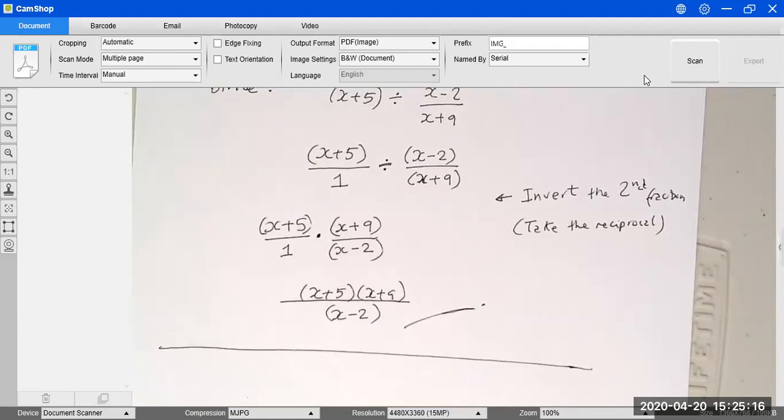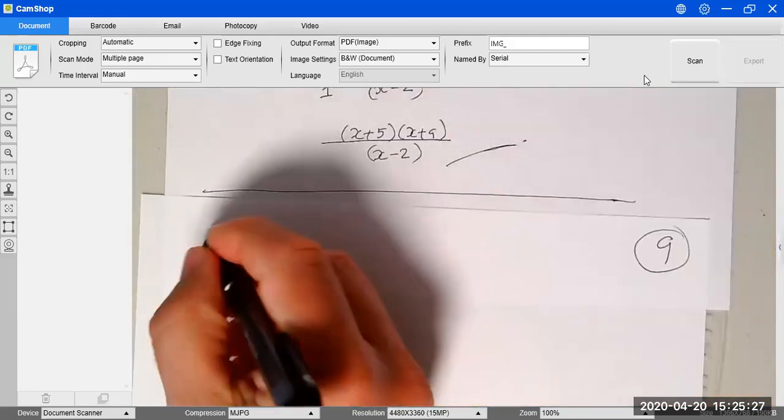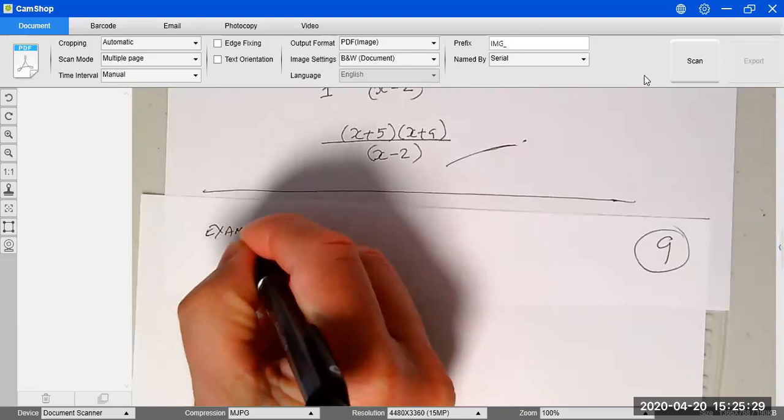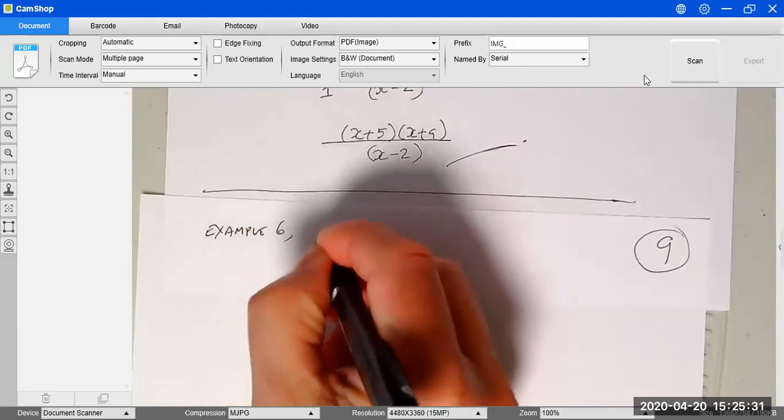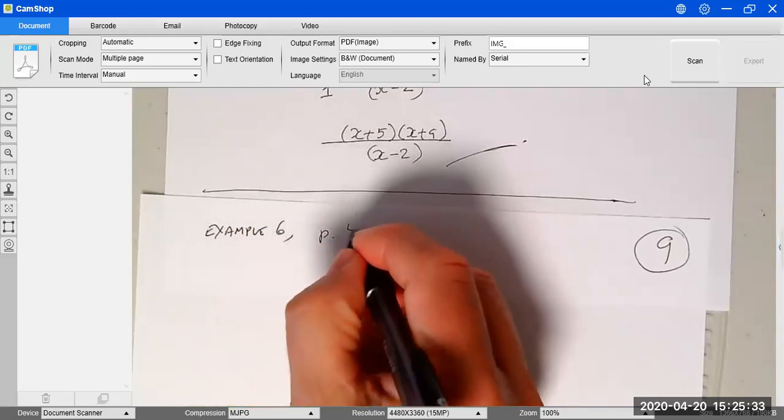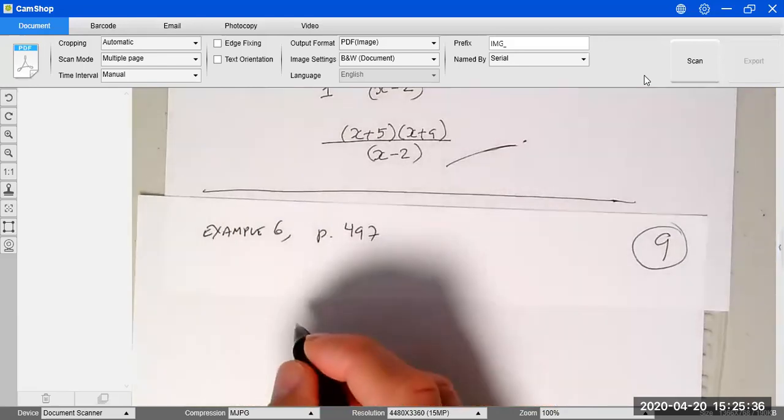I'm going to work 2 more examples, and then you're going to have an opportunity to play with this new method. Okay, so we're gonna work now example 6, which is on page 497.